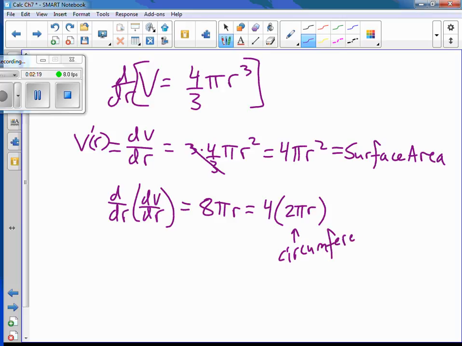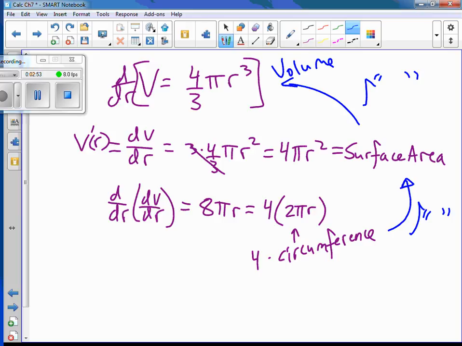Now, the whole purpose behind this is this. If we take the derivative of volume, it gives us surface area, and if we take the derivative of surface area, we get a constant times the circumference. Then that tells us that if we were to go backwards by integrating, the integral of a constant times circumference would give us surface area, and then the integral of surface area would give us volume.